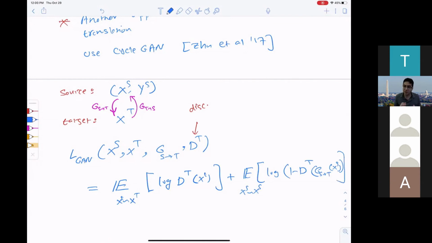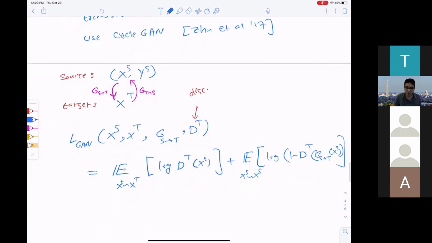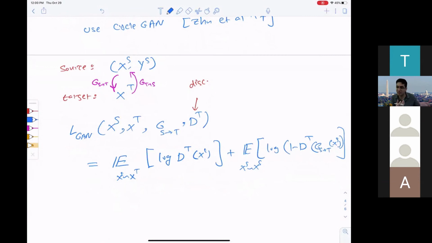So here D tries to, this is basically the logistic loss, classification loss, using the D as the classifier or the discriminator. And I'll maximize this over D, trying to find a discriminator that can actually discriminate between the actual target and the source samples transferred to the target domain.